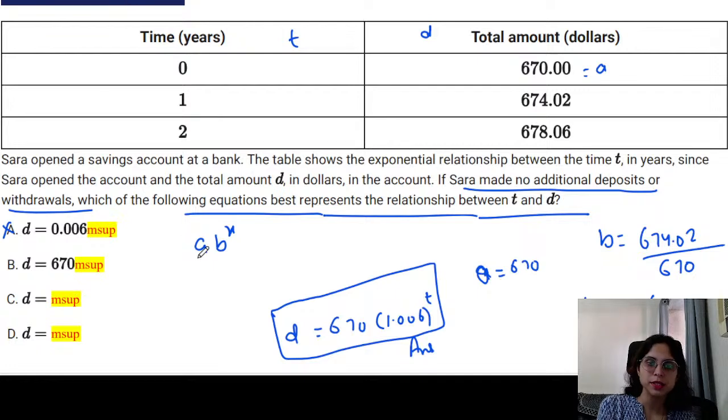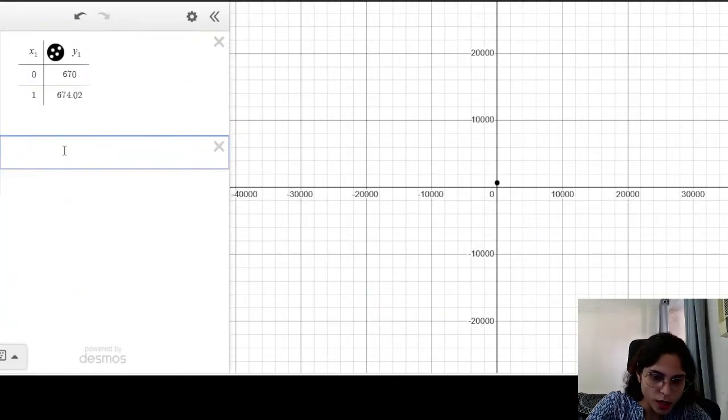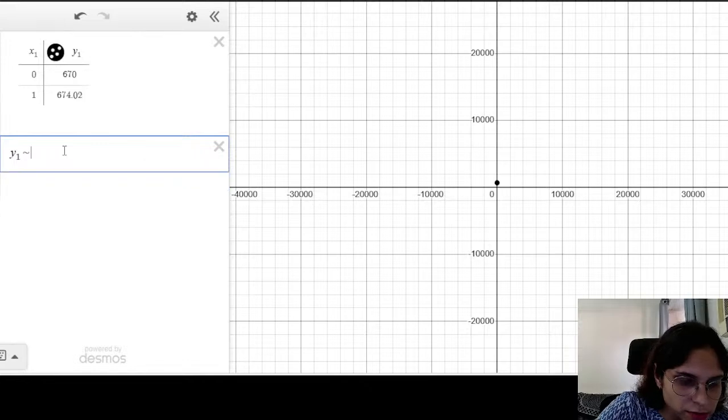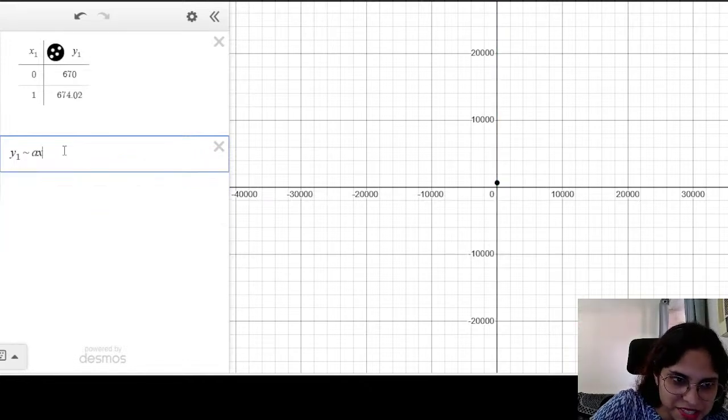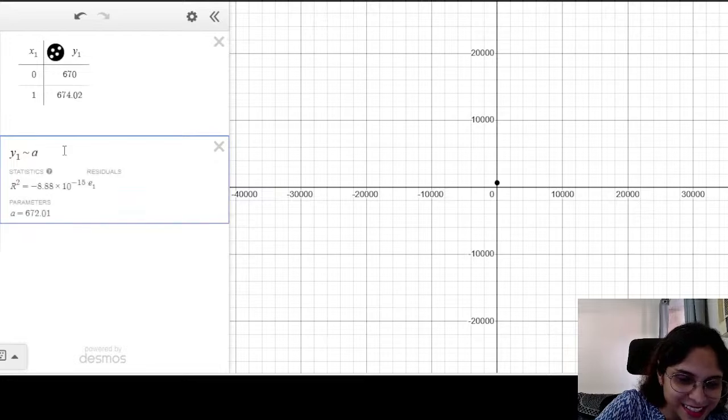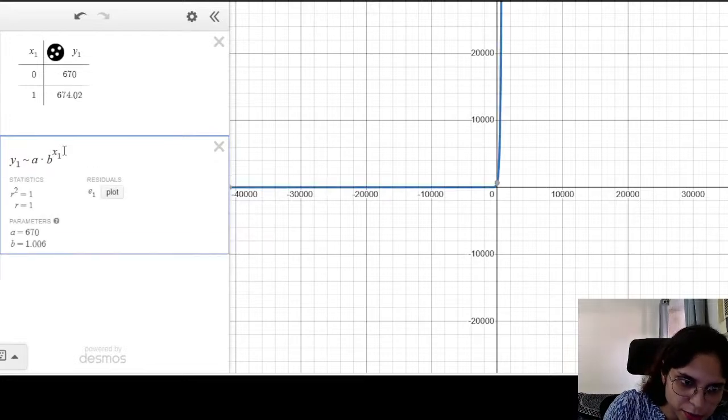Yes, so I was saying because you have to only find values of A and B, there are two variables, so 2 points are enough. 670 and 674.02. And then you just write y1 tilde A times B to the power x1. You will get the value of A is 670, B is 1.006.